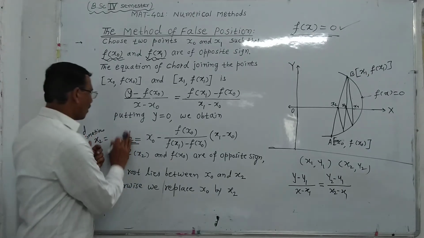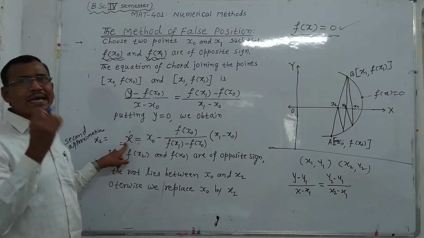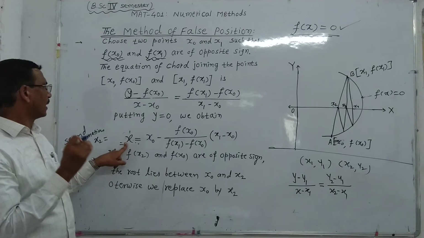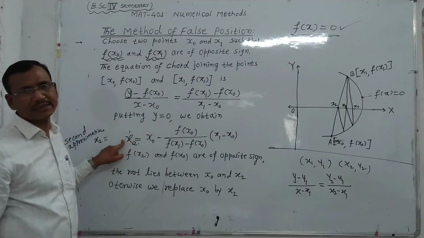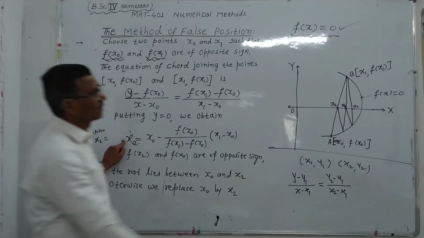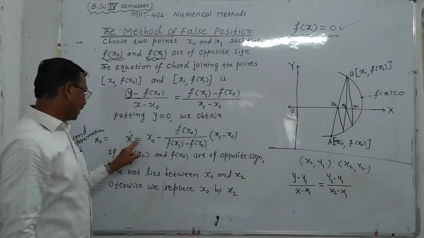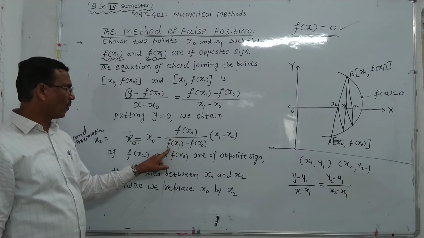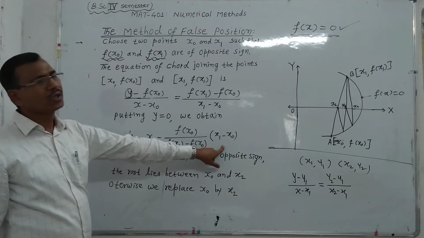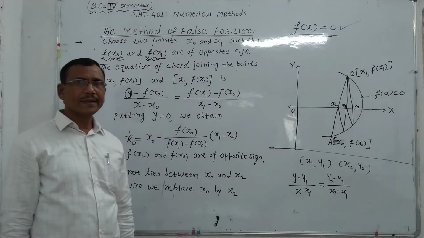At first we had x equal to this, and then we consider the second approximation, x2, equal to this right-hand side. So x2 = x0 - f(x0)/(f(x1) - f(x0)) into (x1 - x0).